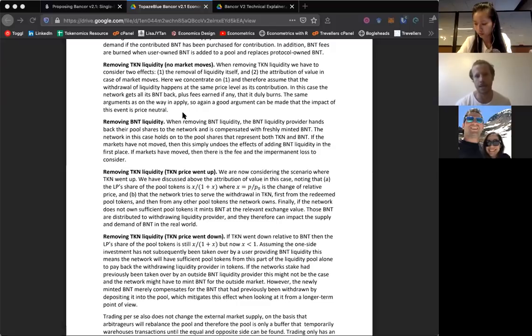So in that case, the pool would be buying TKN and have excess TKN that could be used to pay out the impermanent loss insurance.